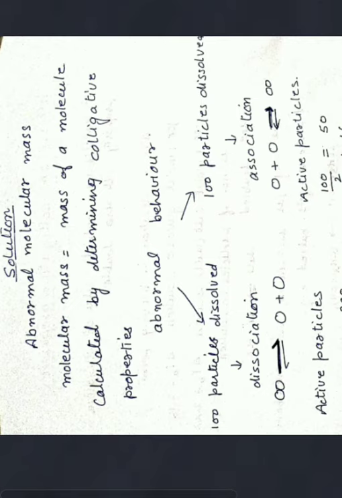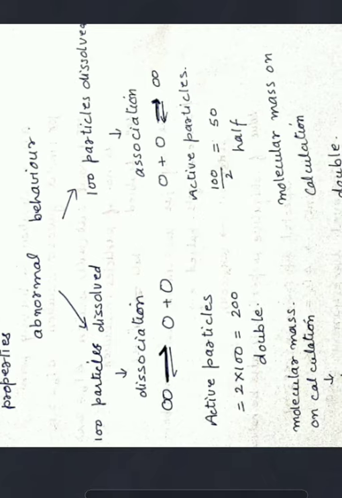Suppose we have dissolved 100 particles of one substance, and these particles undergo dissociation. So now what will happen is, on dissolving 100 particles and they are getting dissociated, if all are breaking into two, then total number of active particles becomes just the double.